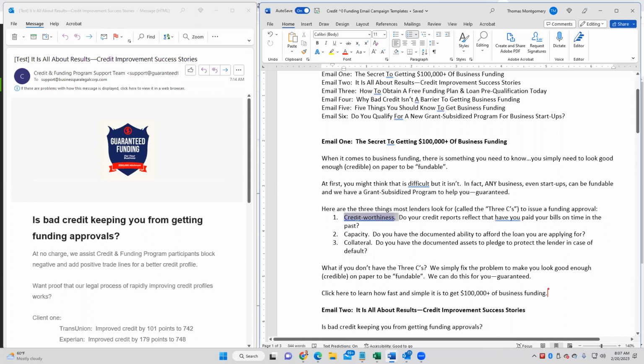Who knows what they'll do in the future, but what have they done in the past? If that's an issue, you and I can fix it. Do they have the documented capacity, the cash flow to be able to pay the proposed loan back? You and I can fix that for any client legally and ethically. And then do they have the collateral, the assets to pledge that protects the lender in case of default?